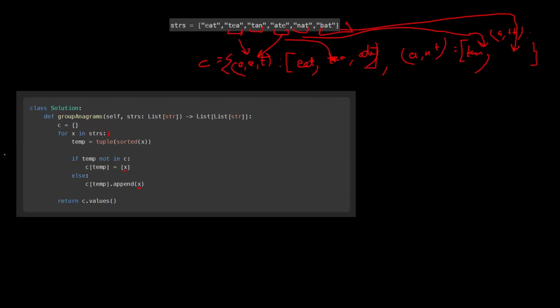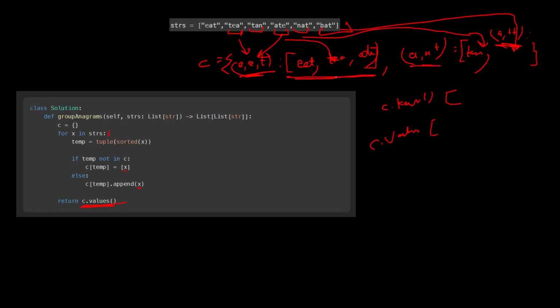So after we are done, we are just returning c dot values. What is c dot values? When we say c dot keys, this returns an array of all the keys in the dictionary. So this would have returned this, this, and this. And c dot values returns an array of values.